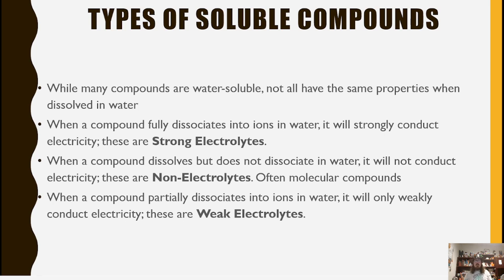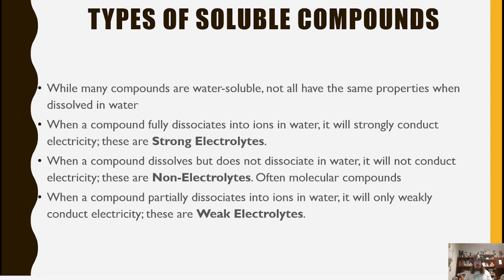We're going to ignore the insoluble compounds because we're only talking about soluble here. But while many compounds are water soluble, they don't always have the same properties. Most compounds we're going to assume are in this first category. Strong electrolytes.